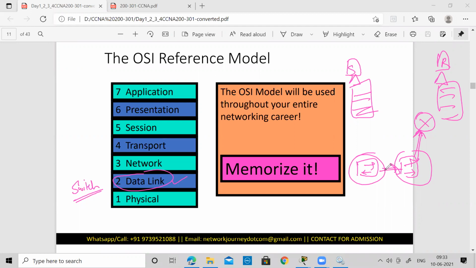When you are sharing a medium, like your wireless medium being shared by multiple devices, one should know how and when to speak, because when all of us start speaking together, there is a possibility that none of the information will be received by anyone. So there should be some way of defining who should speak first, who should listen, then who should speak.